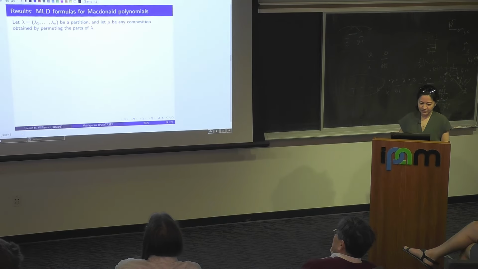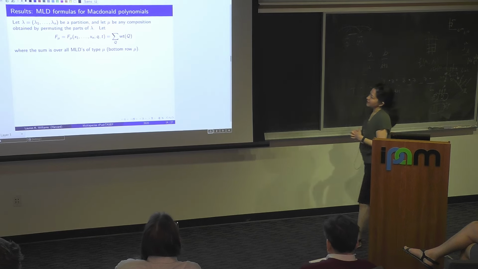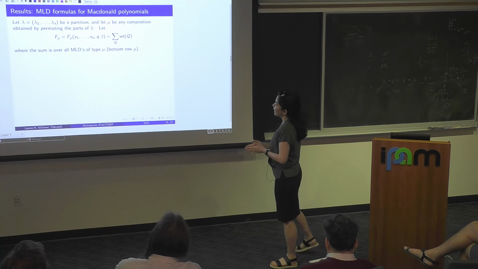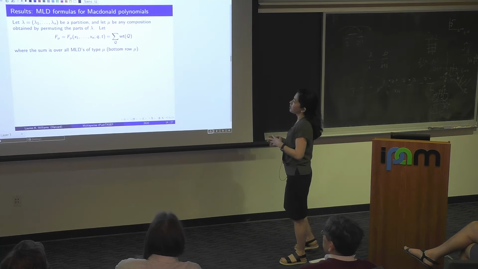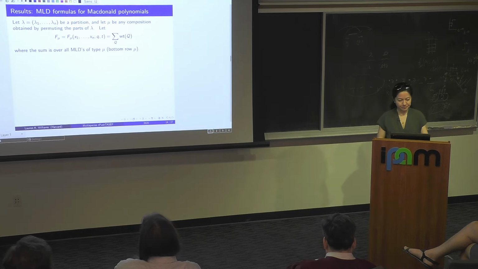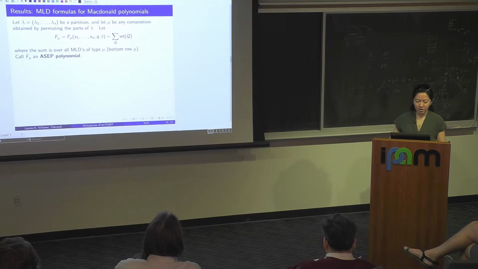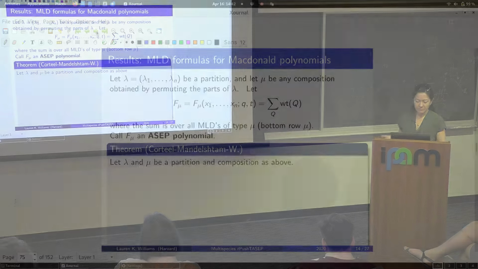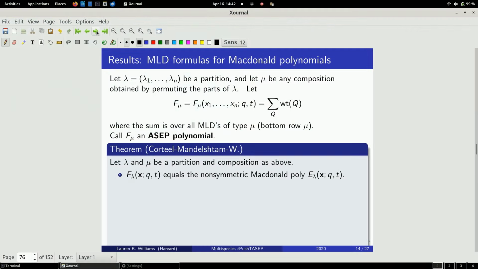OK. So if we now let f mu be the expression in x1 through xn, q, and t, which I get by summing over all multi-line diagrams with bottom row mu and summing up their weights, this polynomial we're going to call an ASEP polynomial. And so a couple of facts about this polynomial.